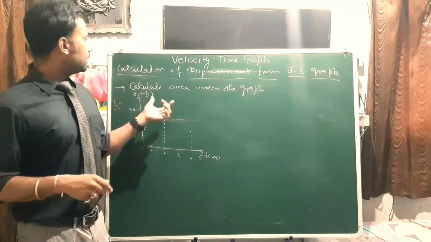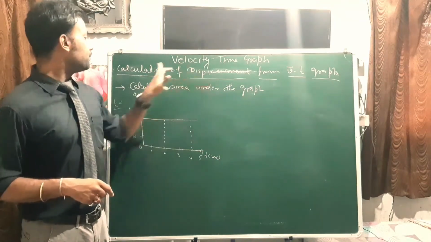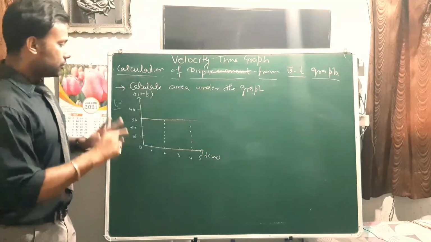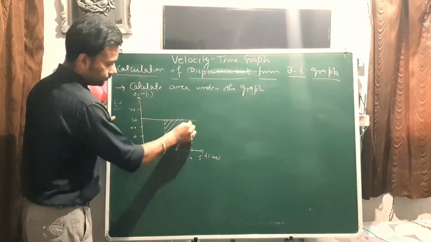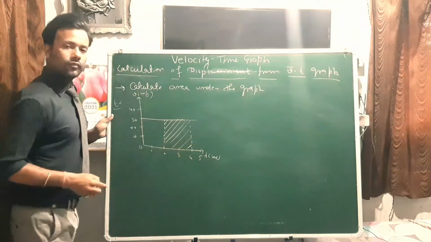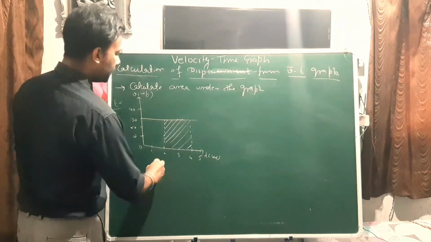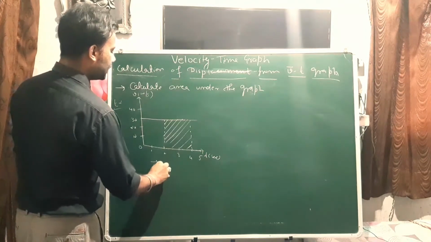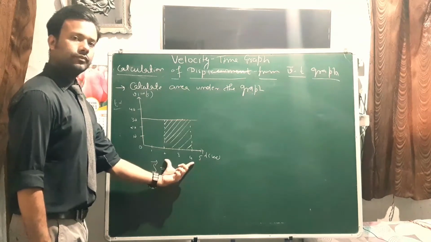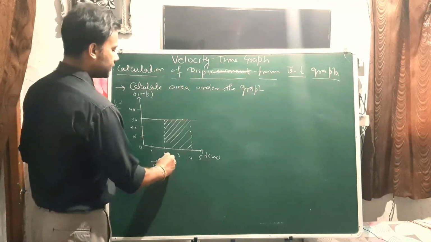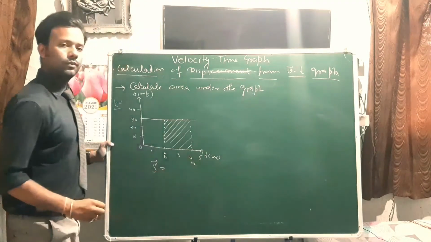As you can see, we can calculate displacement by calculating the area under the graph. So just calculate this area. What will be the displacement then? So displacement S will be time into V. How much time is here? Let's say this is T1 and this is T2.